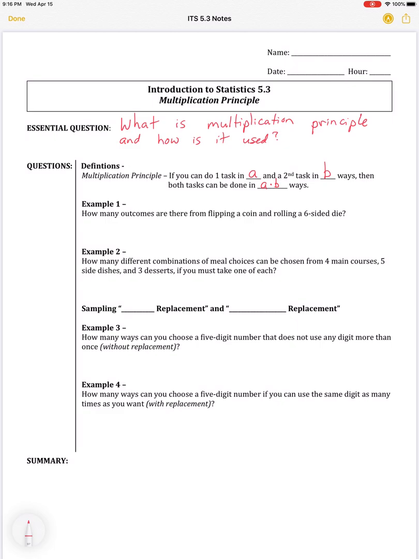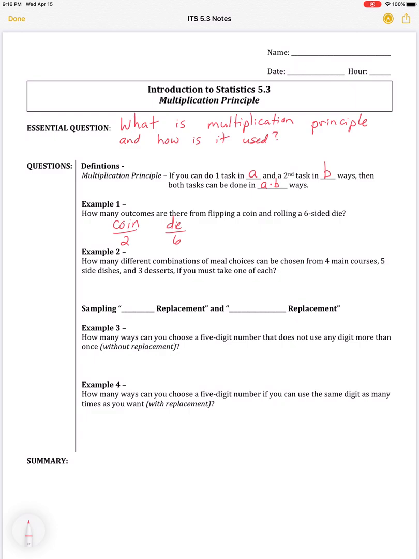So in example 1, it says, how many outcomes are there from flipping a coin and rolling a 6-sided dice? Well, the coin, as we just said, there's 2. The dice, or the die, is 6. Could be a 1 through a 6.